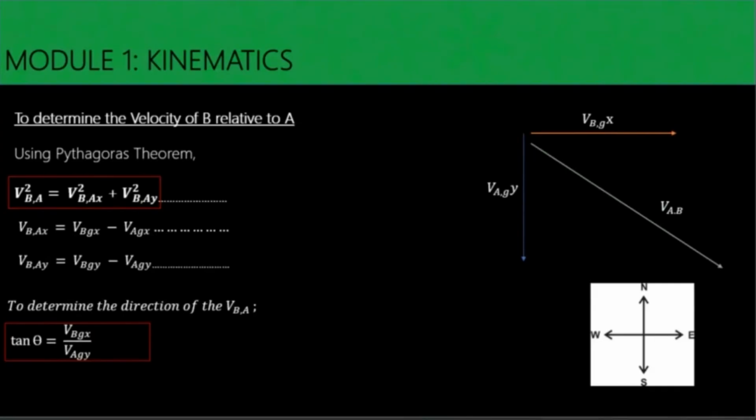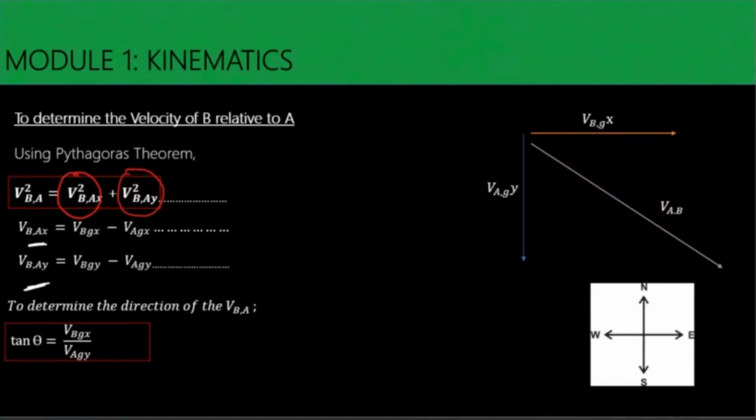And then after considering that, these velocities now need to be determined. So you can see for B relative to A on X axis, and then for B relative to A on Y axis. Now this is actually the same thing as the previous formula.